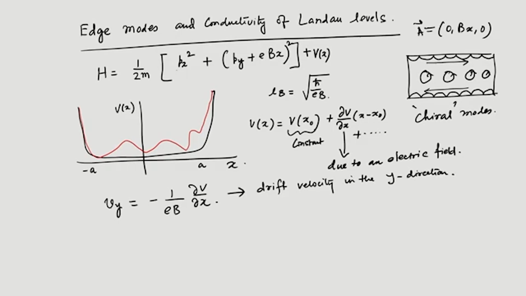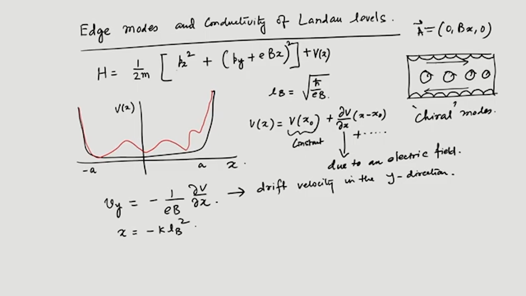Each wave function is labeled by a momentum k, and is located at different x positions, given by x equal to minus k l_B squared. Here k is the momentum and l_B is the magnetic length that we have talked about.